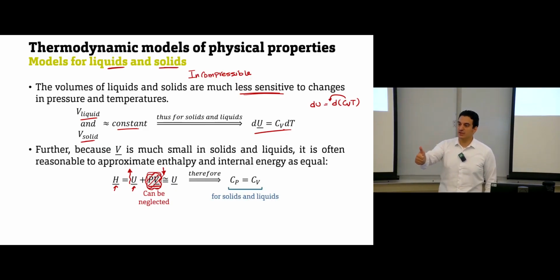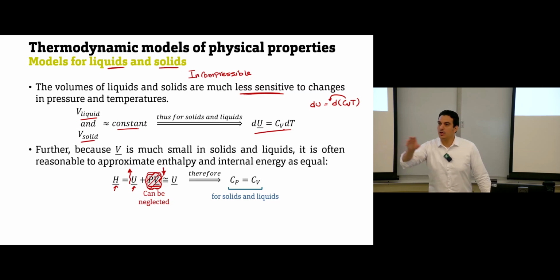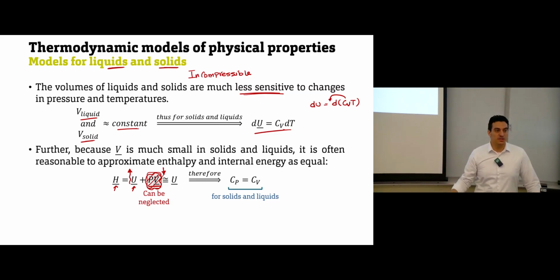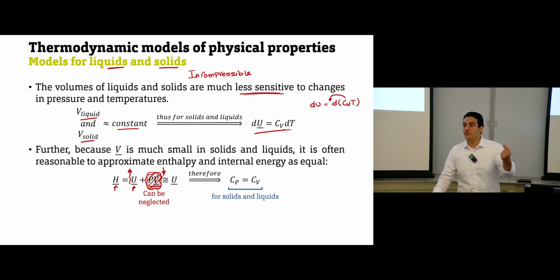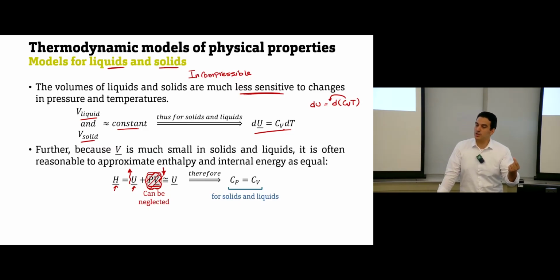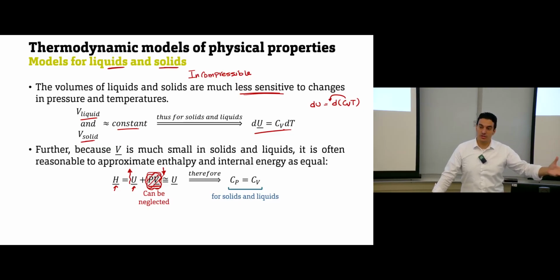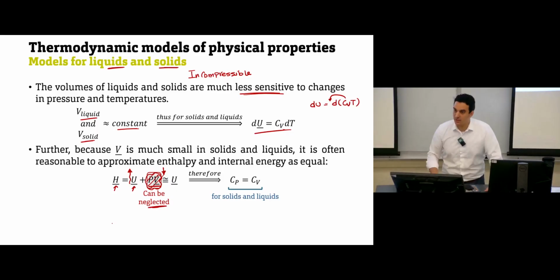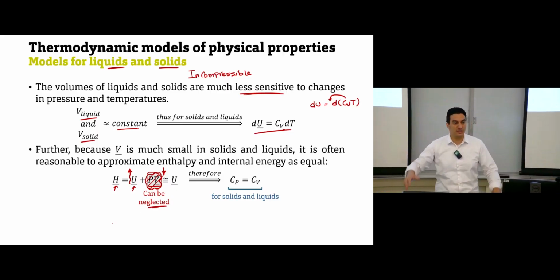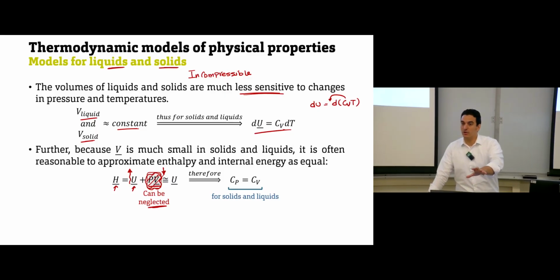So this is the first case. We have an equation to calculate internal energy: change in internal energy is Cv dT. Change in enthalpy is Cp dT. If you are dealing with a solid or a liquid, their volume is less sensitive to pressure and temperature changes, and their volume term is very small compared to the internal energy values. So the term PV can be neglected in the calculations, and we can assume that enthalpy equals internal energy for solids and liquids.